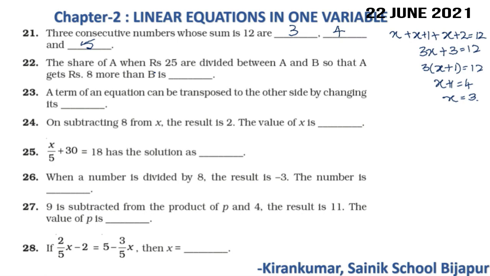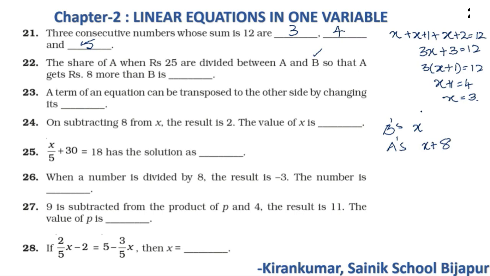Question 22. The share of A when rupees 25 are divided between A and B so that A gets rupees 8 more than B is. Suppose I consider person B's share as x, then A's share will be x plus 8.